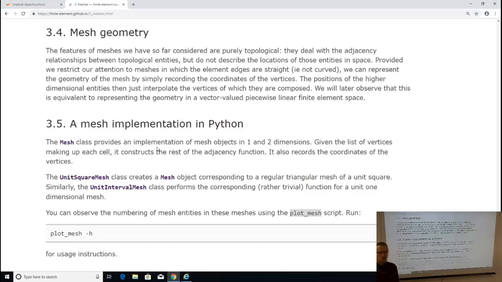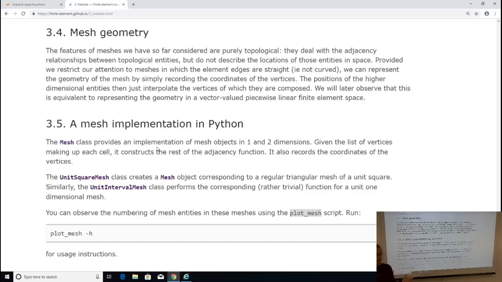Because when I said in the linear case that on the physical triangle we're just going to linearly interpolate between the vertices, that's exactly equivalent to saying that my representation of the coordinates on the physical mesh is a piecewise linear finite element. Because that's all the piecewise linear finite element basis functions do. They just interpolate between the vertices.